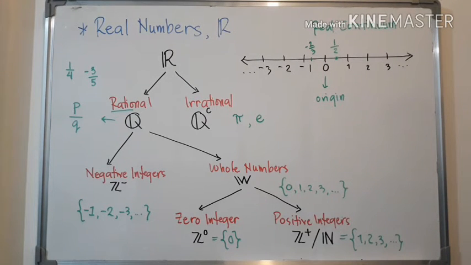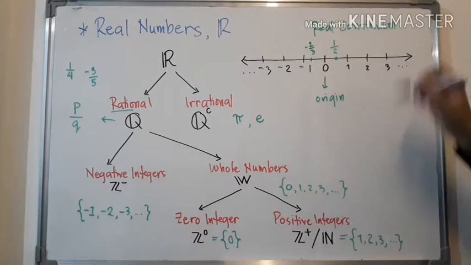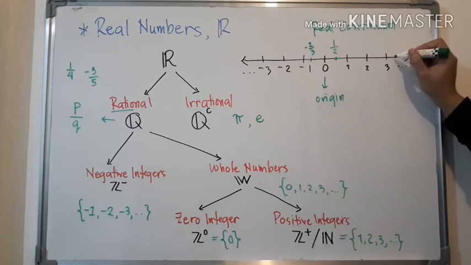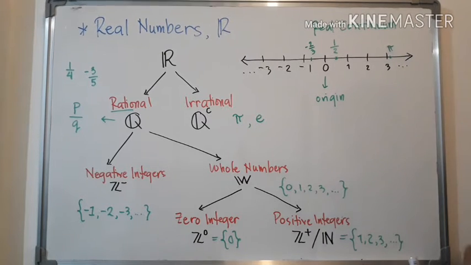Irrational numbers can also be located or plotted in the real continuum. Say for example pi. Pi has an estimate value of 3.14. It's an approximated value. So say here, 3.14. So we have the estimate location of pi.